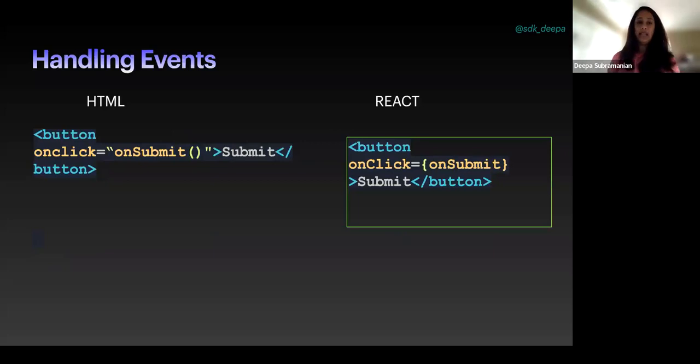So how do we handle events in React? Events use camel case. If you see this onClick button in React, we use camel case rather than lowercase as in HTML. And you pass the event handler like this in JSX, but in HTML, you pass it as a string.